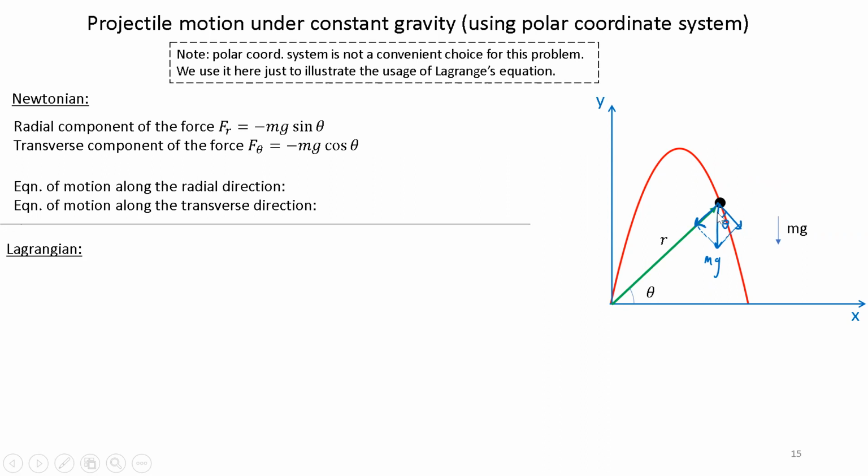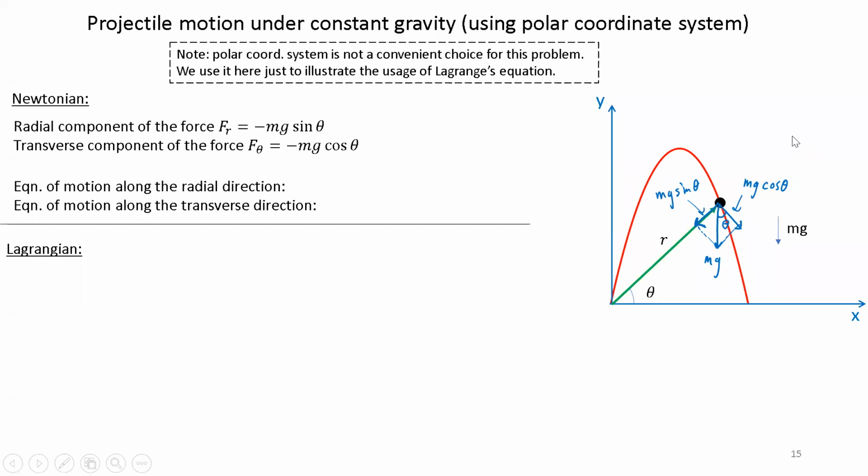Now if you take this triangle, you can see that this component over here is mg sine theta, and this one is mg cosine theta.